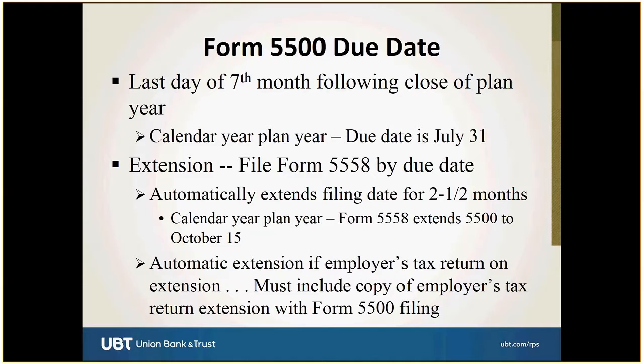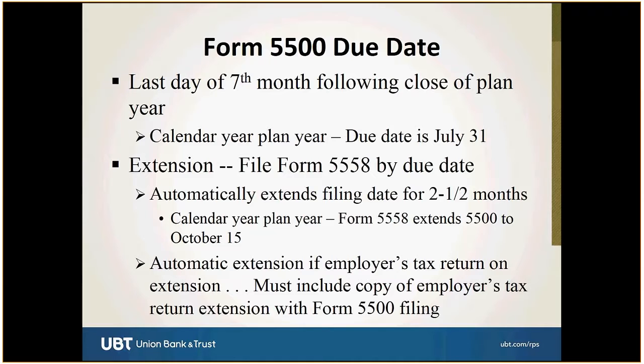You can get an automatic 2.5-month extension on the 5500 by filing a Form 5558 by July 31st. For most of our clients, we do file an automatic extension just in case there is a snafu and the regular Form 5500 isn't filed on a timely basis.